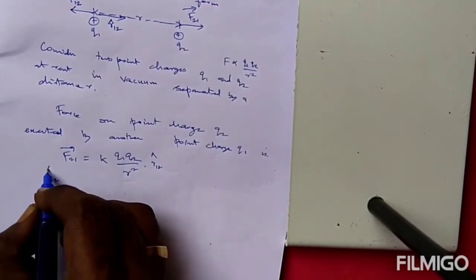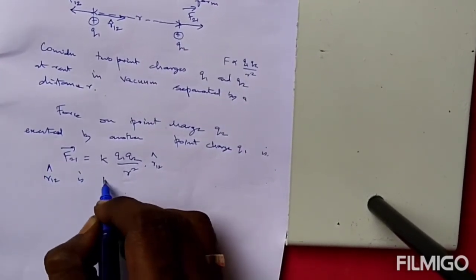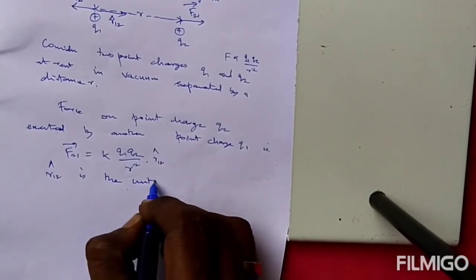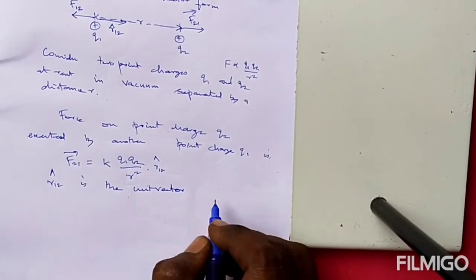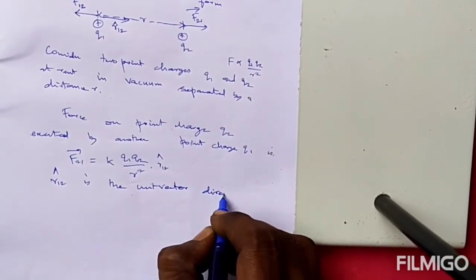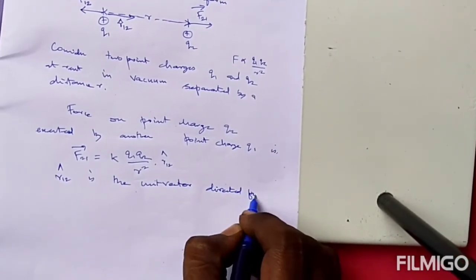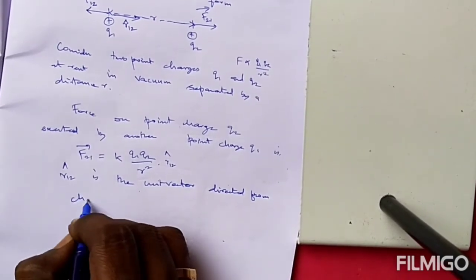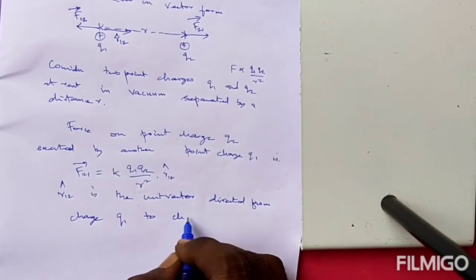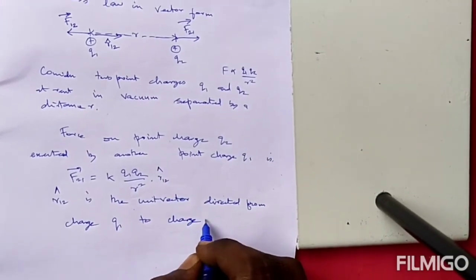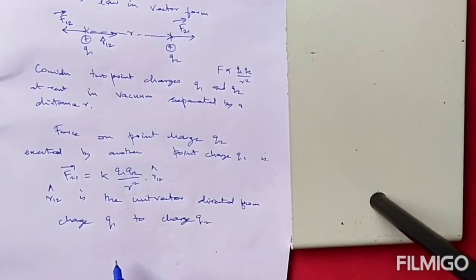Here R12 cap is the unit vector directed from charge Q1 to charge Q2. So R12 cap gives the direction.